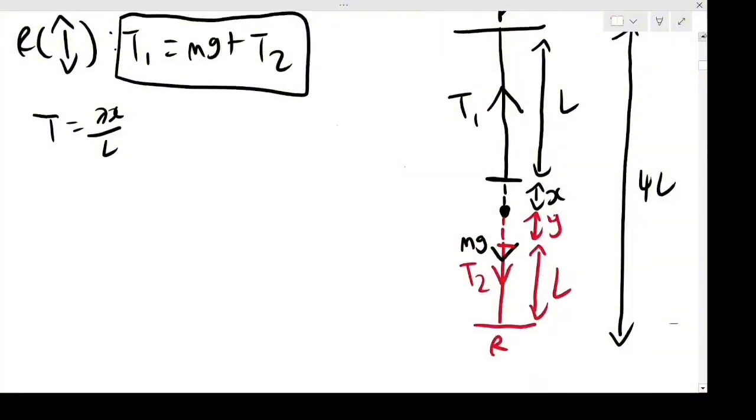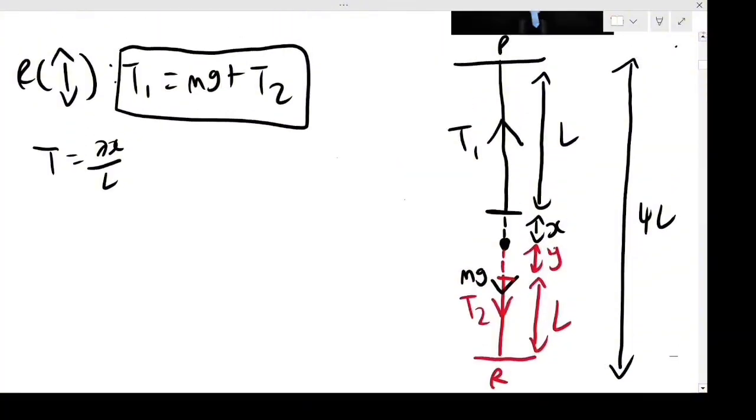So from P to Q, the black string, if I use this Hooke's law equation, the tension is T1.